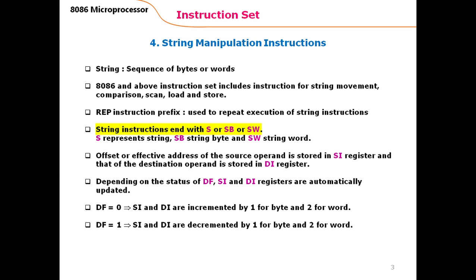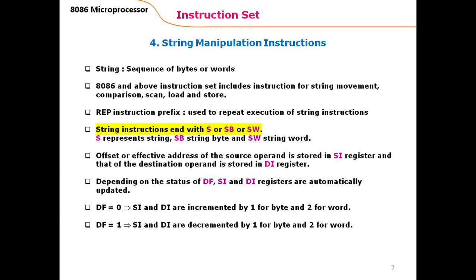Later microprocessors can operate on double word string data and also on quad word string data. For them, the letter D is used for double word and Q is used for quad word. So it's easy to remember these variations of string manipulation instructions.